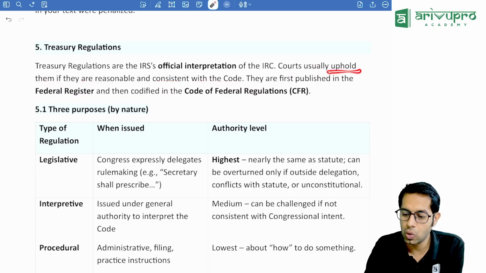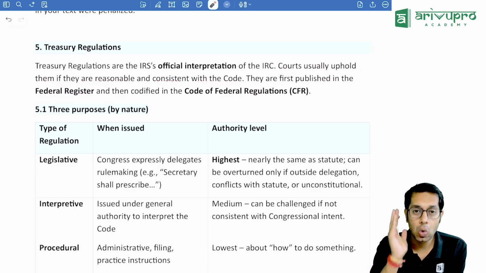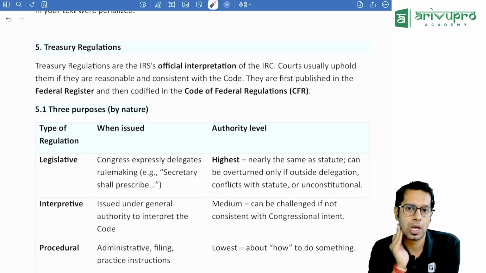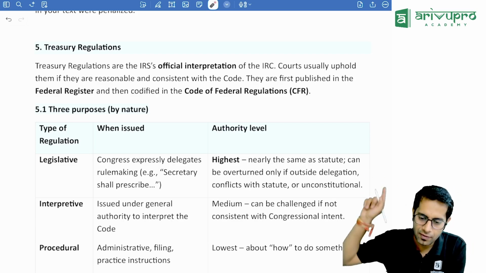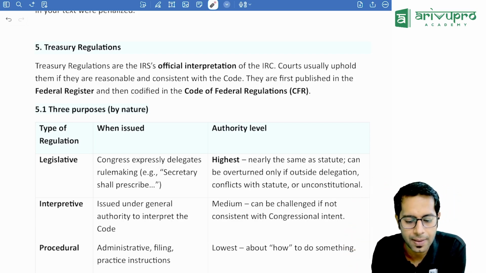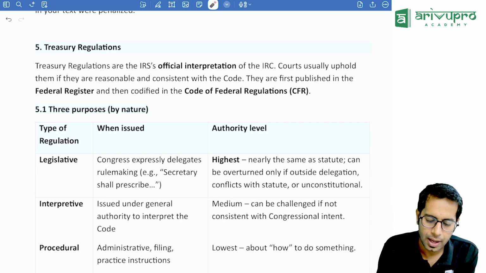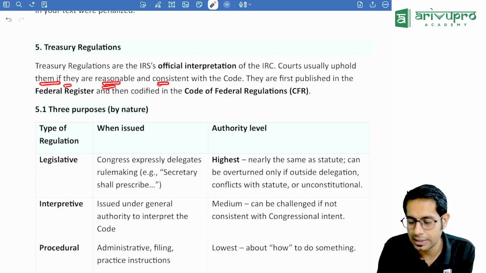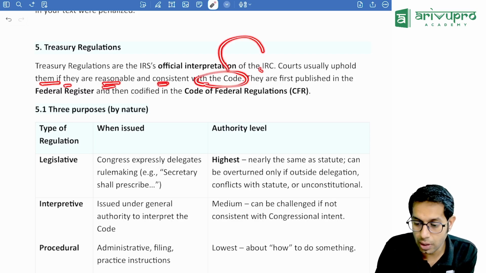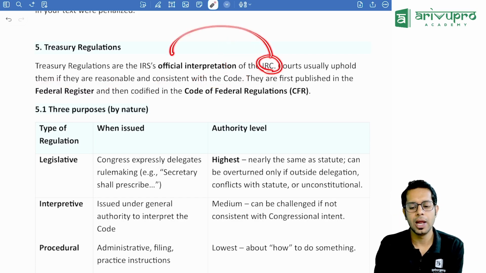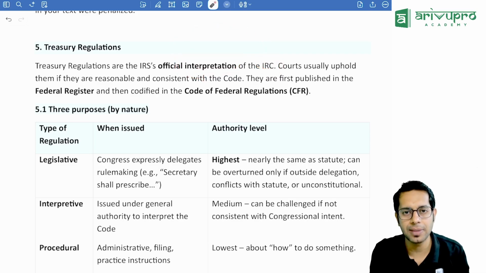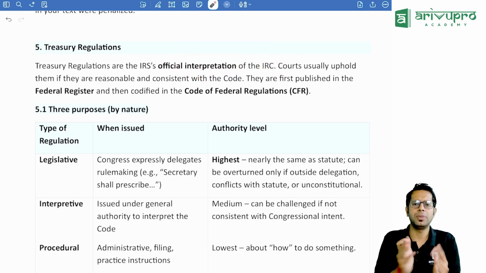Court usually upholds them means what, sir? Court will normally follow this. If there is a dispute, court will normally go with this. They'll say, yes, this is given by IRS, therefore I am going to follow this. Court will uphold them if they are reasonable and consistent with the code, provided they are as per the code. Because it is an interpretation, sometimes while reading, I may make a mistake.